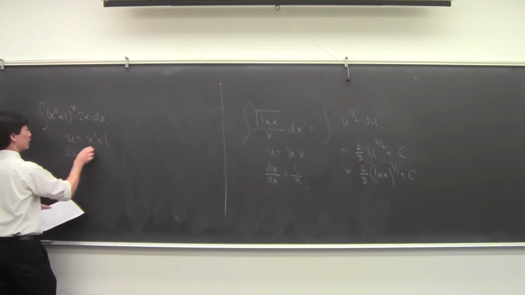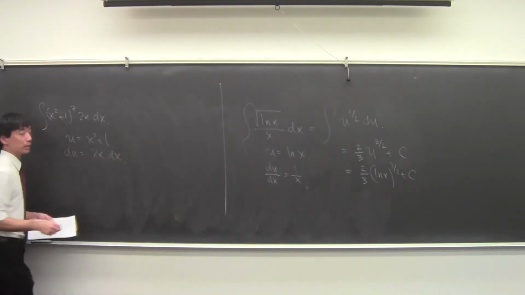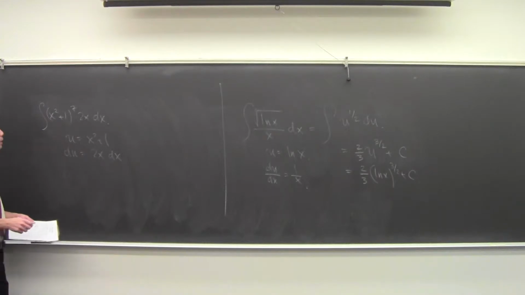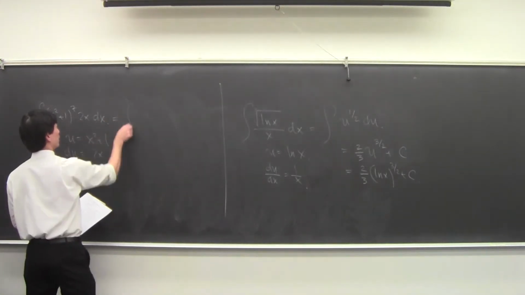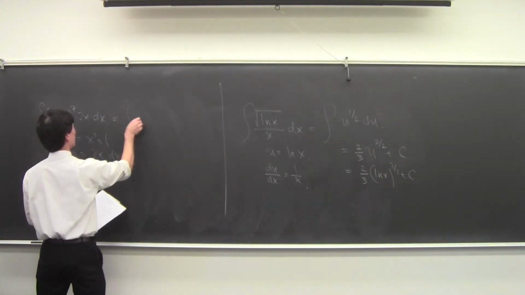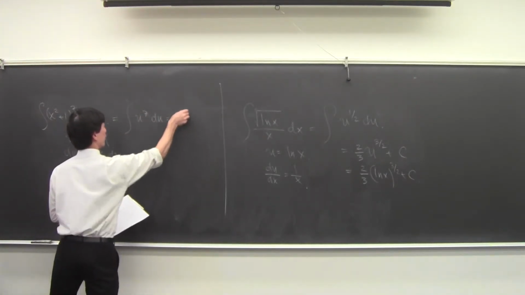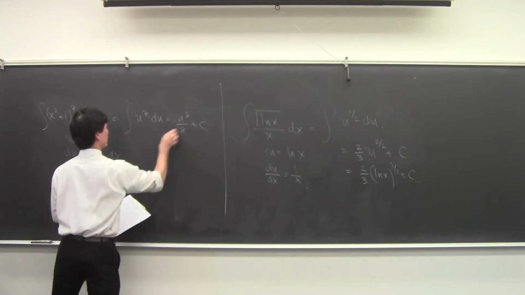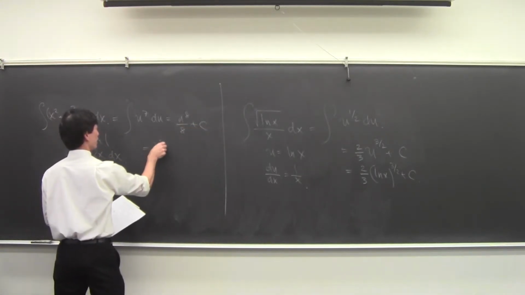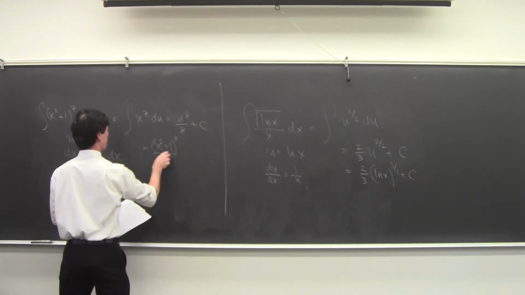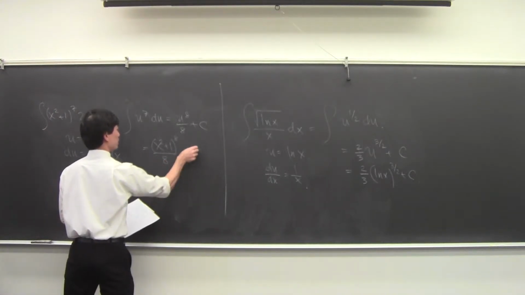Du is going to be 2x dx. And so I've got the integral of u to the 7 du. That's just u to the 8 over 8 plus c. In other words, x squared plus 1 quantity to the 8 over 8 plus c.